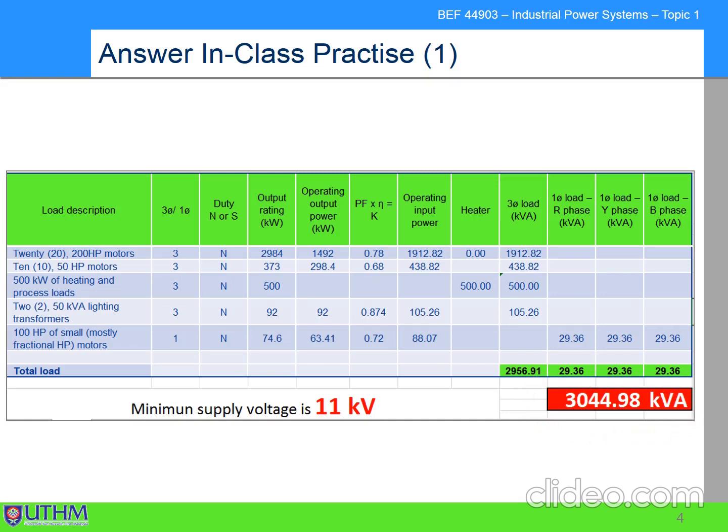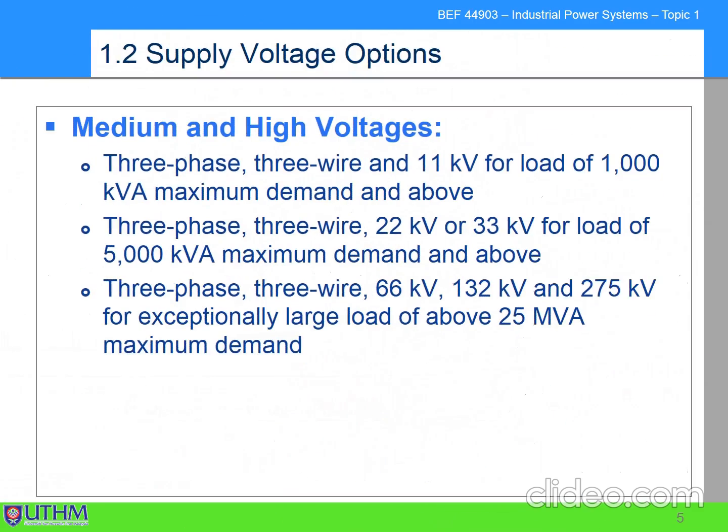And then we have to select the voltage required for this load. We can see that for this load, the minimum supply voltage is 11 kV. This is the medium and high voltage characteristic.